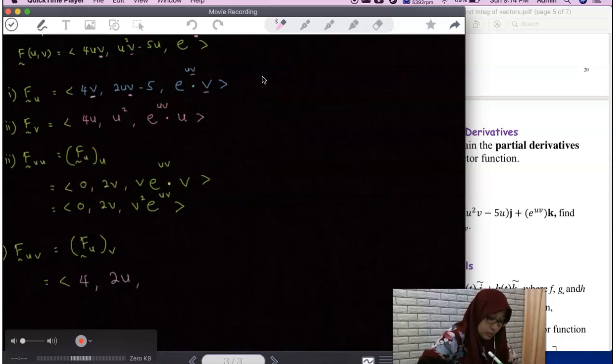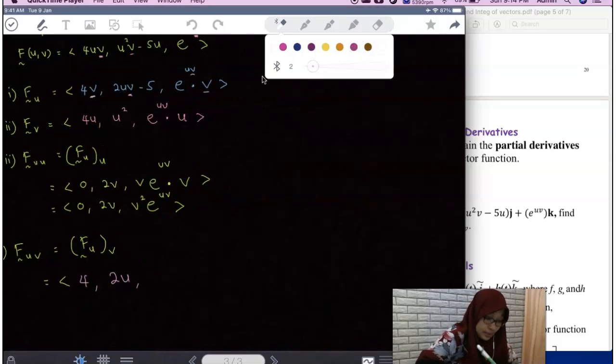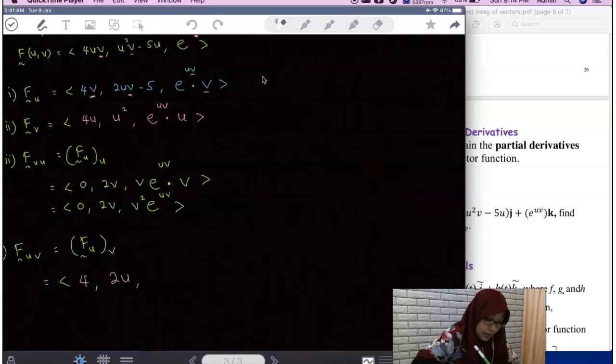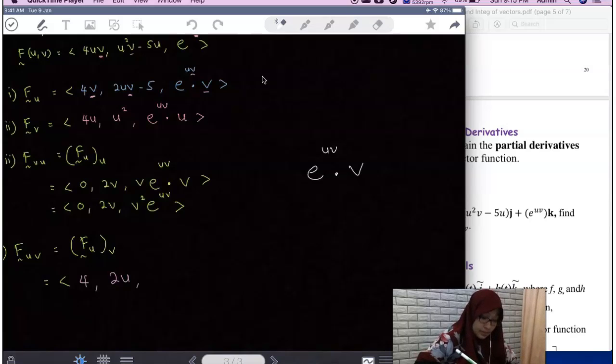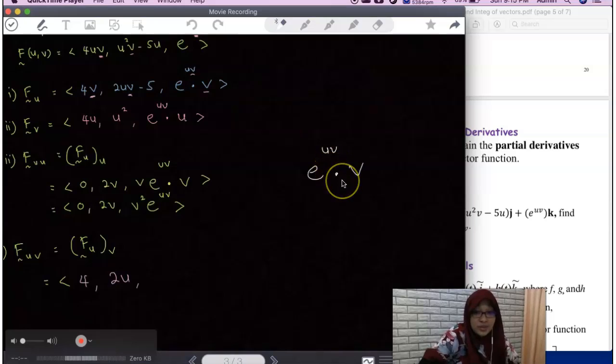You have to be careful there. So now you have e^(uv) times v. I'm not using the uv again, it's a bit confusing, so just assume we take this and differentiate it with respect to v, so it becomes 1.